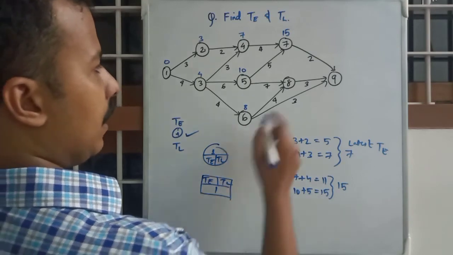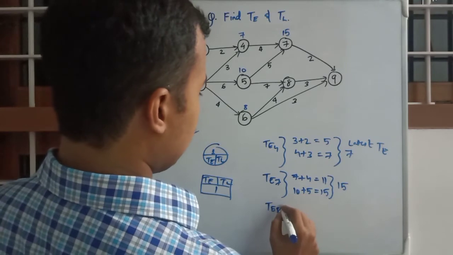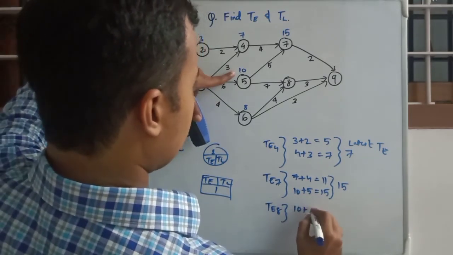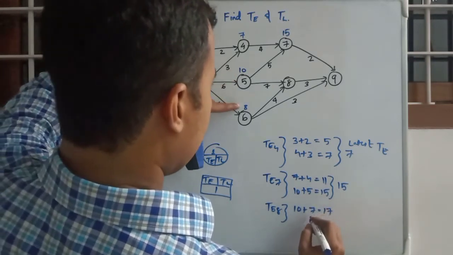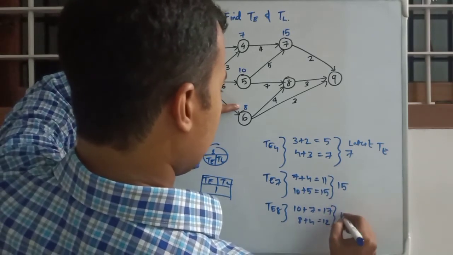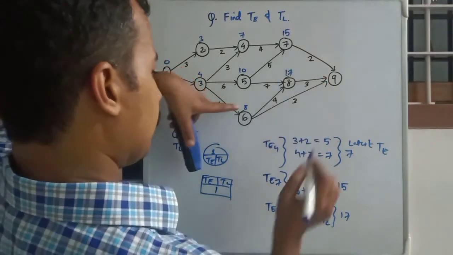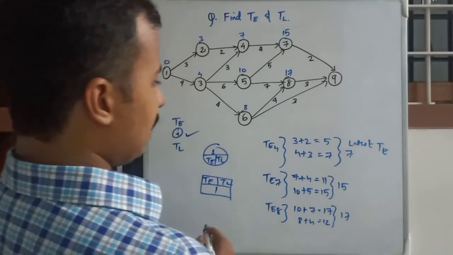clear. And for 8 also, TE8 will be having 10 plus 7, that is 17, and 8 plus 4, that is 12. We will select 17. Okay, and for 9 we will be having 3 values.